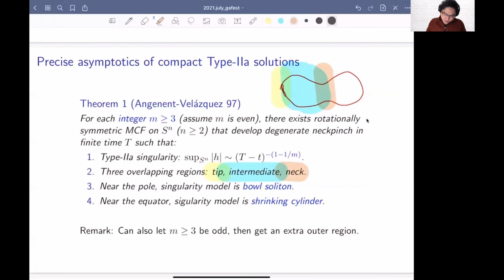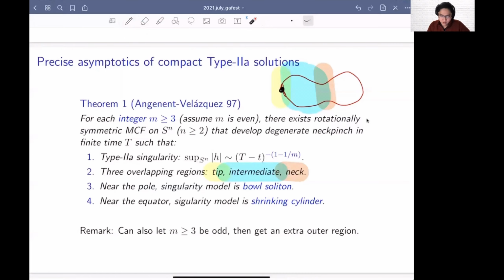So what are some of the properties of the solution? Well, the solution is in fact type 2, and the highest curvature occurs at the tip, and it blows up at the rate given here, capital T minus t to the power of negative 1 minus 1 over m. So it's between negative 1 and negative 0.5, a type 2 rate. One can also describe the solution in detail.